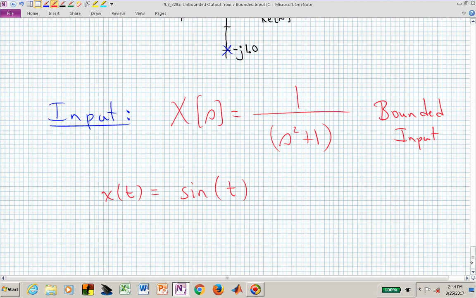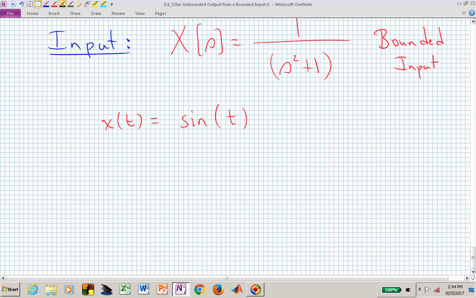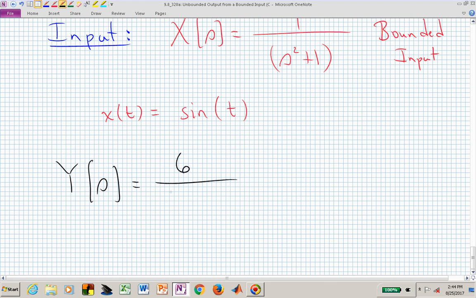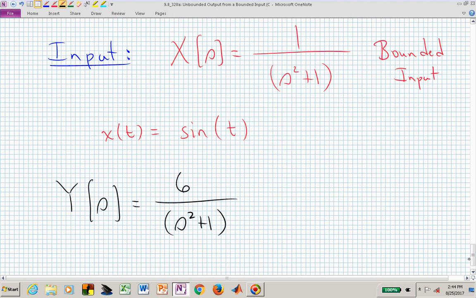And what is our output? Now our output, Y of s, the Laplace transform of the output, is 6 over s squared plus 1. There's our transfer function times capital X of s. Well, that's just going to put another s squared plus 1 factor in the denominator.